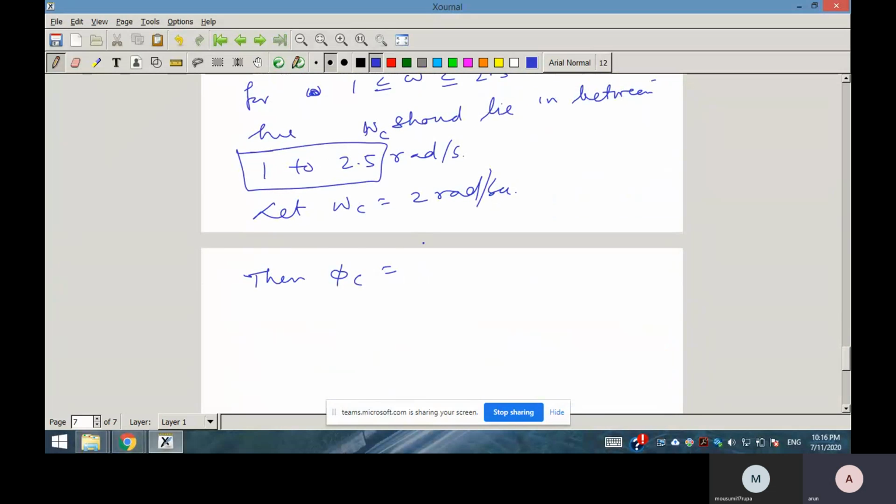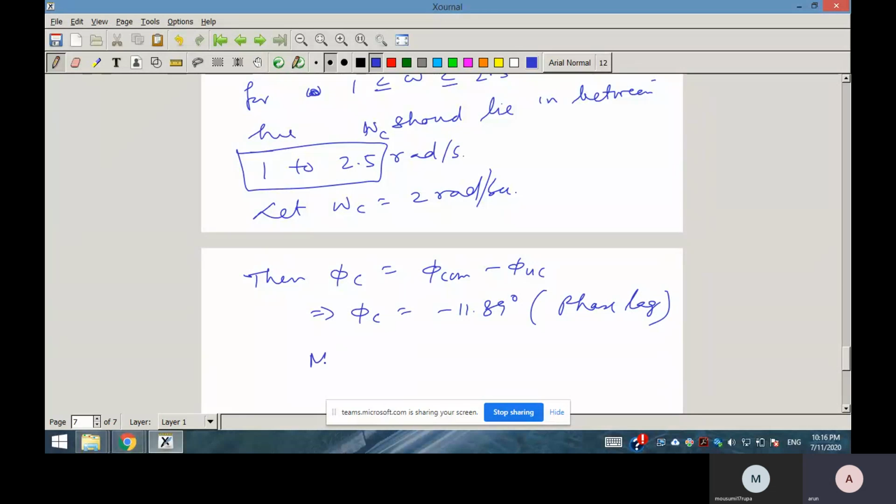So phi c will be minus 11.89 degrees. So this means phase lag.